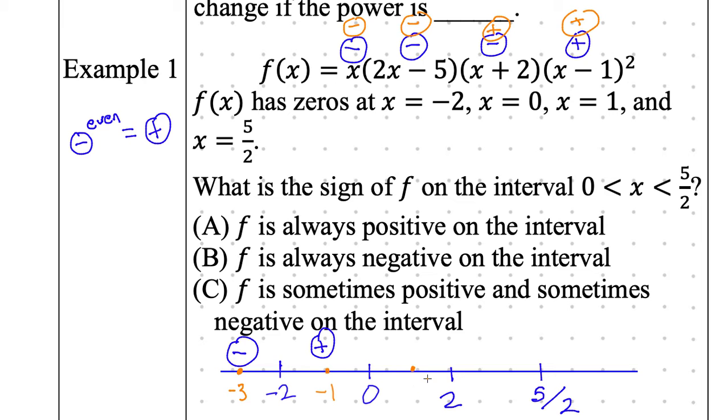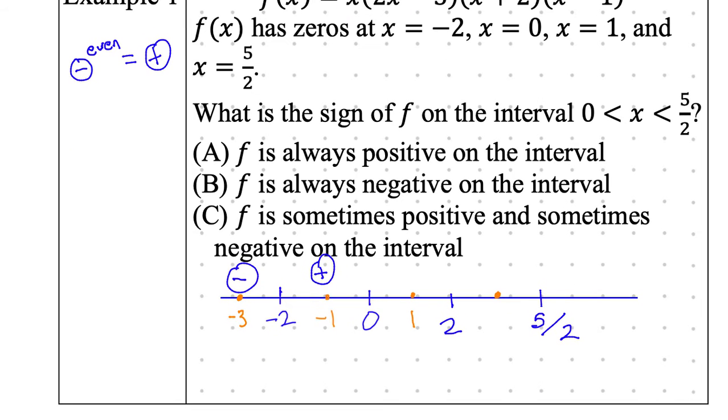What is another good test value to plug in? 1. Another good test value to plug in. This one is hard, because 5/2 is the same thing as 2.5, which means you are plugging in 2.1 or something like that.